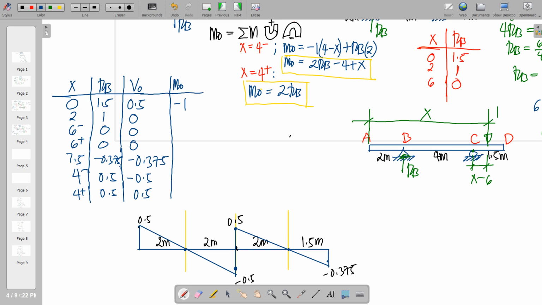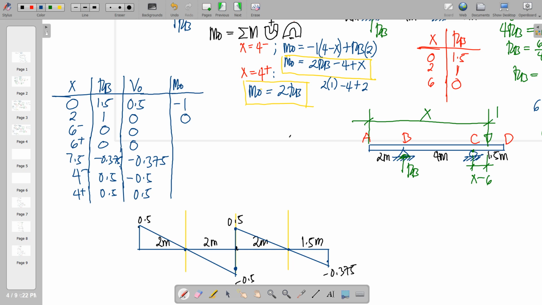So we have 2 times 1 minus 4 plus x is equal to 2. So 2 plus 2, 4 minus 4 is equal to 0. So when x is equal to 2, your MO will be equal to 0.